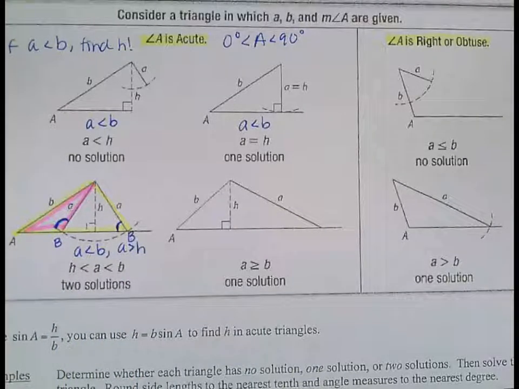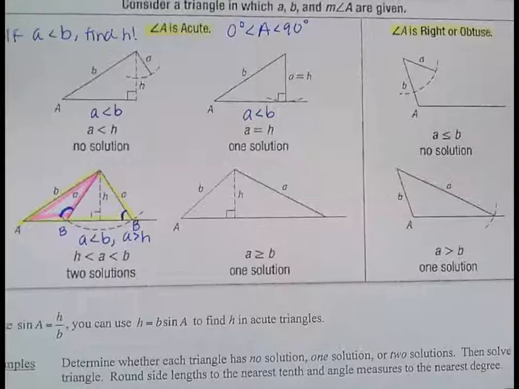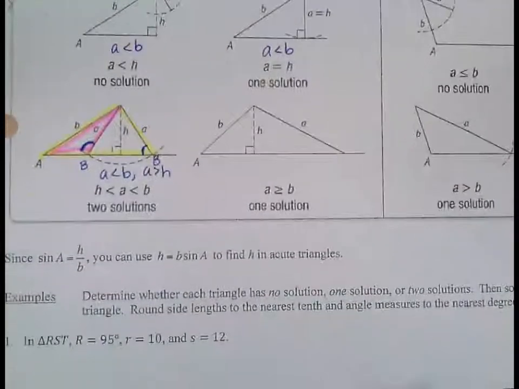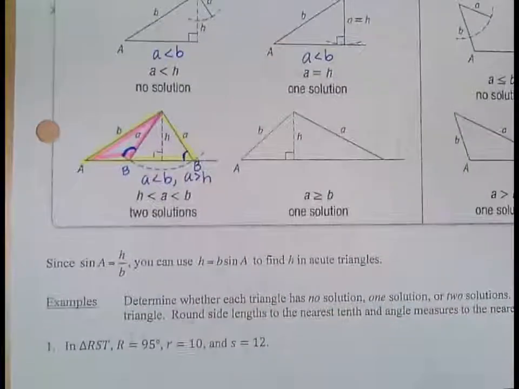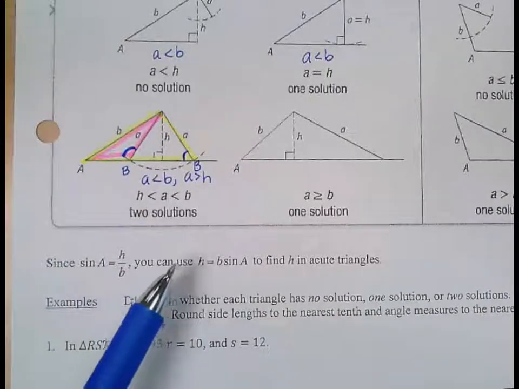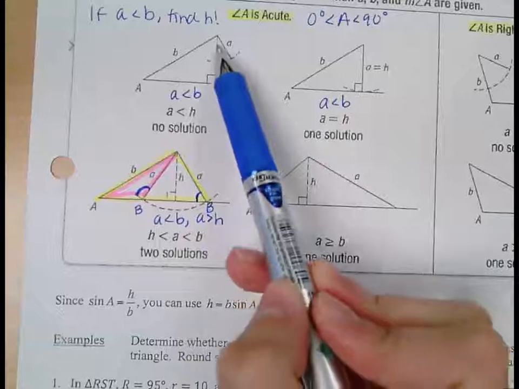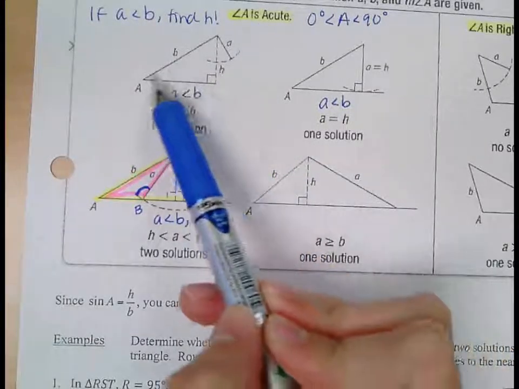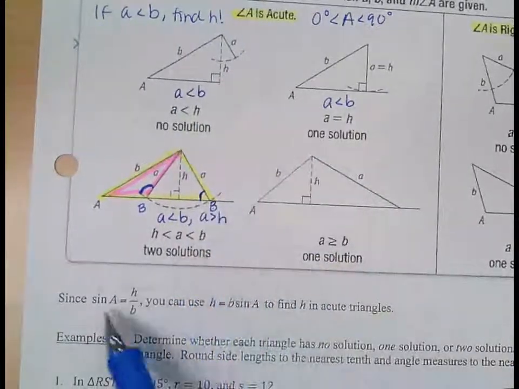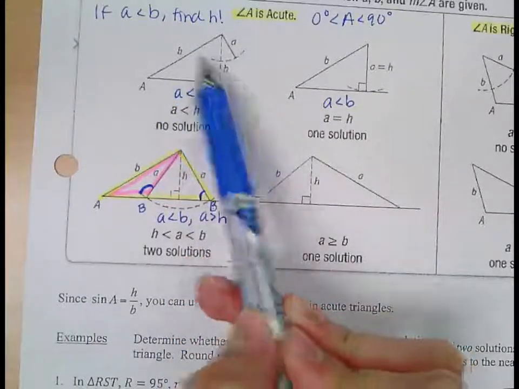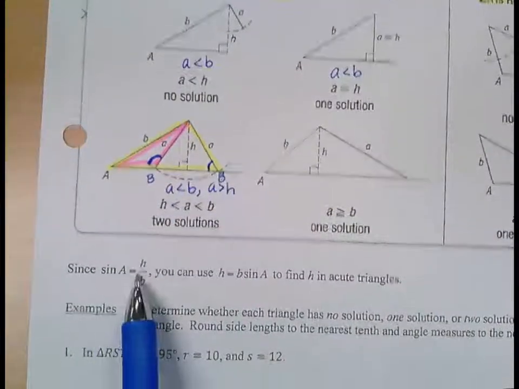So we're going to work through 3 examples, and again, this chart you don't have to memorize, but you need to know how to use it. So how to get the information to then use that chart and answer the questions. Also, if you need to find H, your height, if you just look up here, when we drop down that height and create this right triangle, sine of angle A would be opposite over hypotenuse, so it would equal H over B. That's where this is coming from.